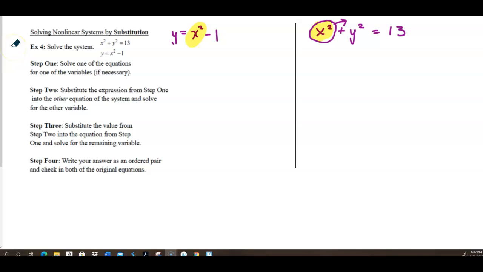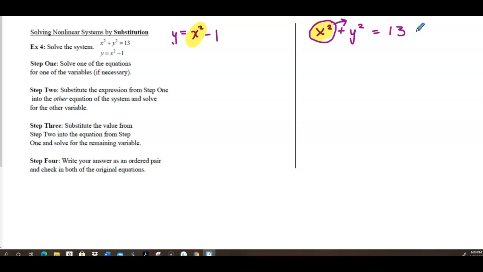Next, we're going to solve a system that is nonlinear by substitution. You can see that I put one equation in each column again. So in the left column, I have y equals x squared subtract 1, which is a parabola. And in the right column, I have a circle, x squared plus y squared equals 13.